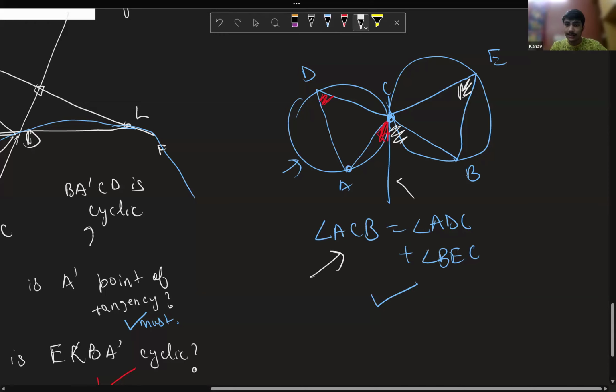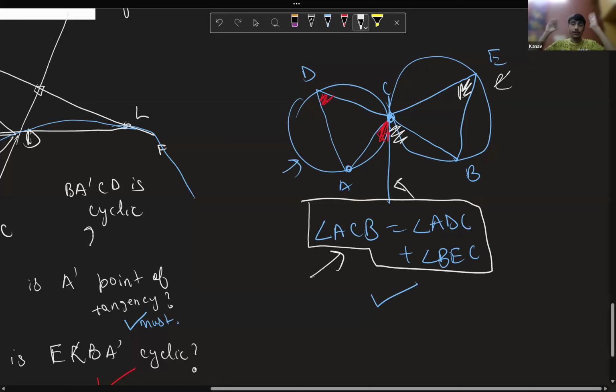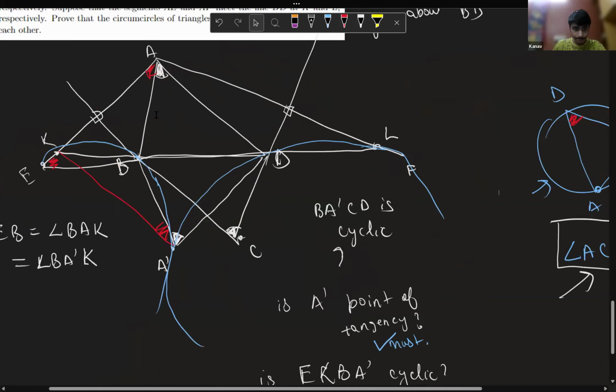And that would mean that this line is also tangent to the other circle. So this is a pure angle condition which is sufficient to prove two circles are tangent. Is this fine with everyone? Yeah. Great.